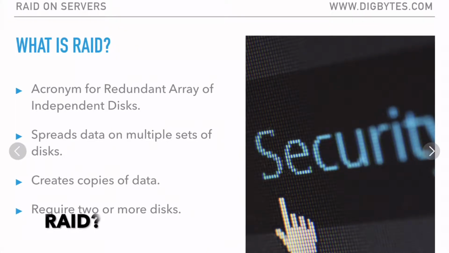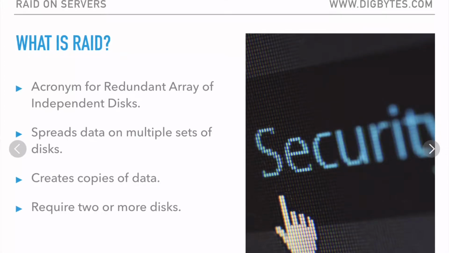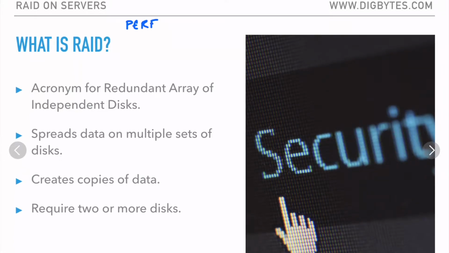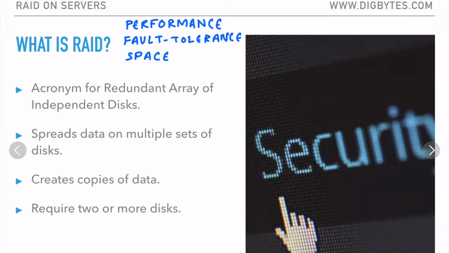So, if you are setting up a RAID, it would be aimed at achieving three important benefits for the organization: performance, fault tolerance, and disk space.